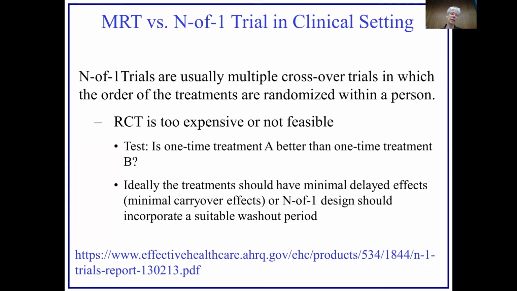In the clinical setting, these were often used because you were looking at a rare illness, and you could not conduct a randomized controlled trial. And the inferential target is: is one-time treatment A better or worse than one-time treatment B?